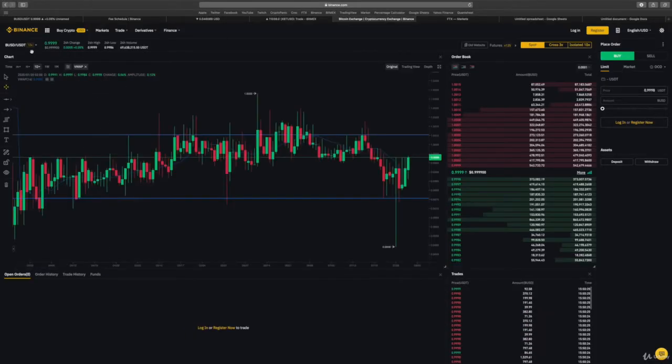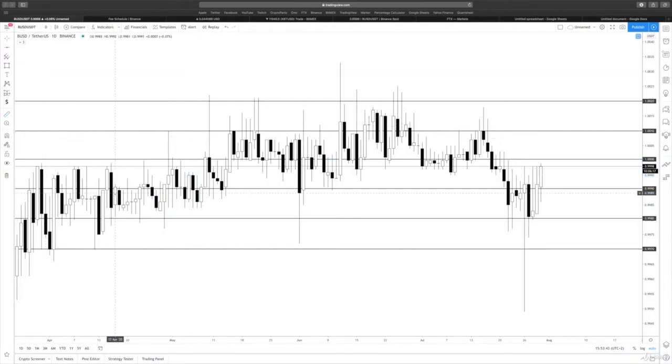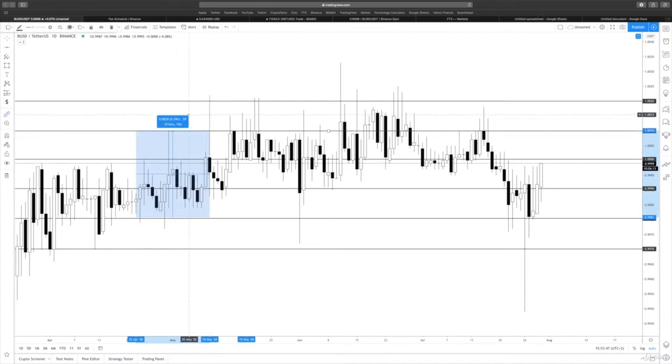But what we have here is 10x leverage. So if you want to make money, you need to do this at least, so you earn like 0.1%.